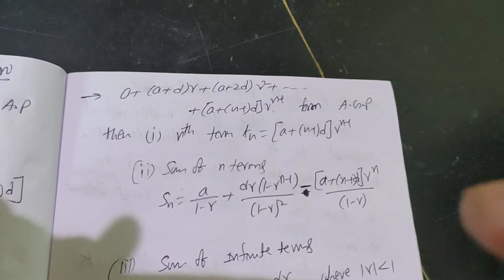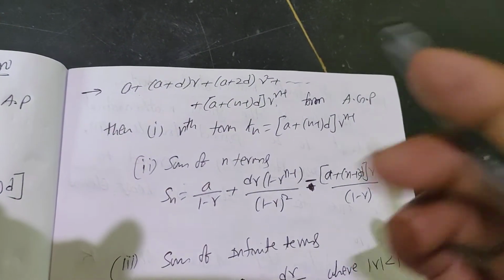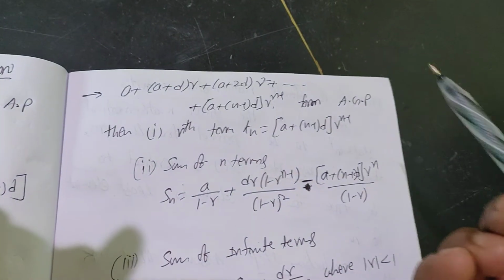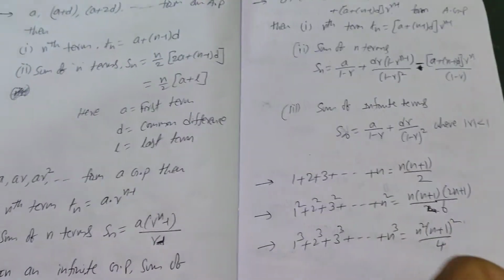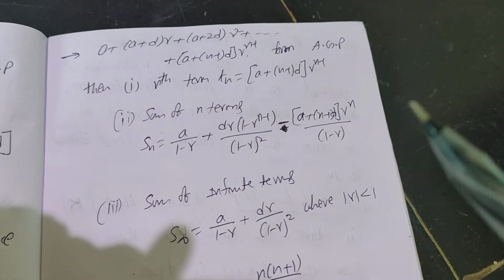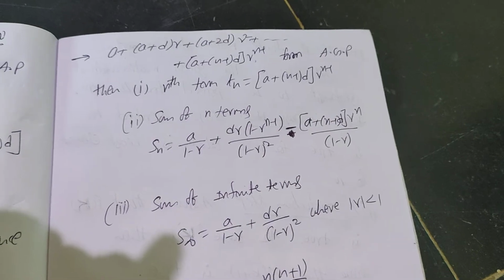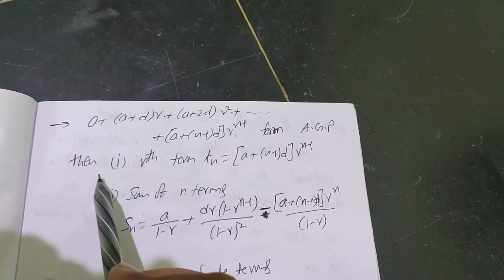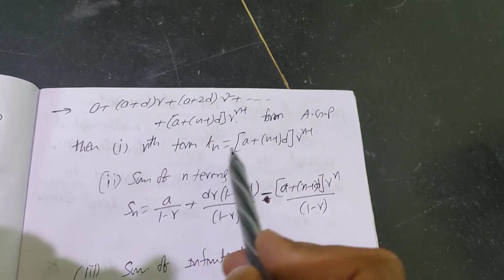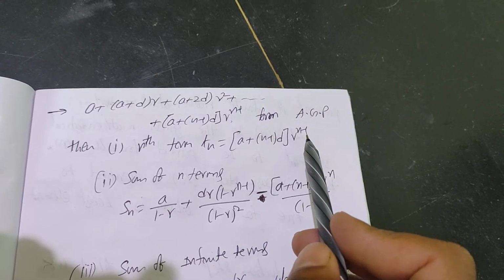Just remember these formulas, very important. Sometimes in IPE these formulas may be useful to us. For IPE objective problems, mostly there is no need, but if necessary we can use them. Here the nth term Tn is equal to a plus n minus 1 into d into r power n minus 1.